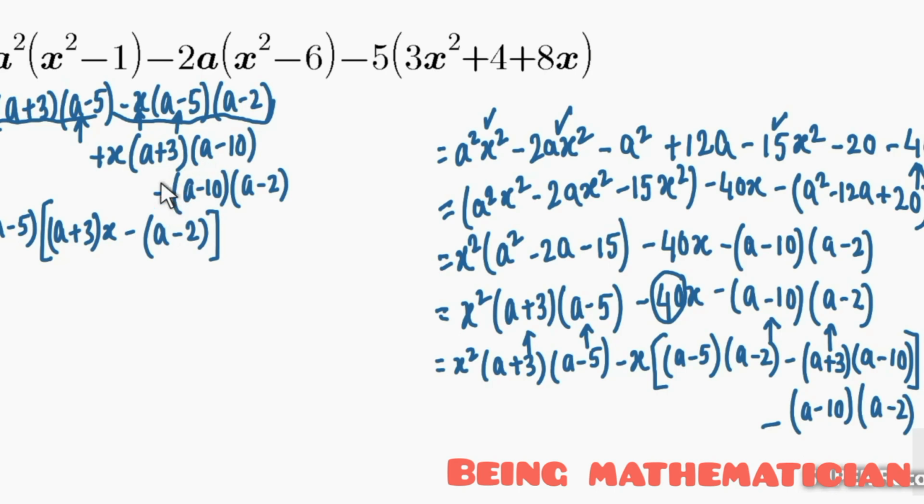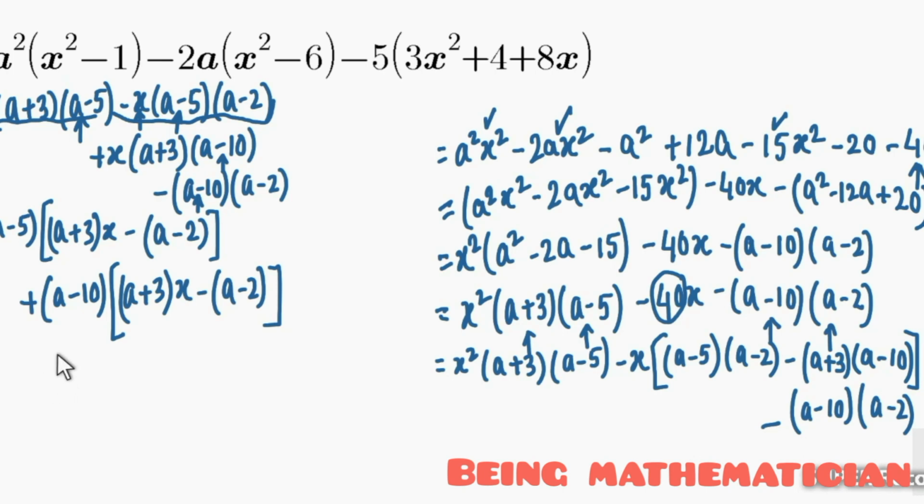And now the common factor from the remaining two terms is a − 10. So we take common a − 10, and now we have (a + 3)x − (a − 2).